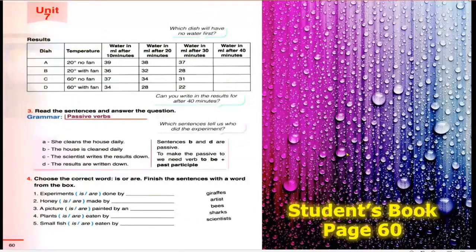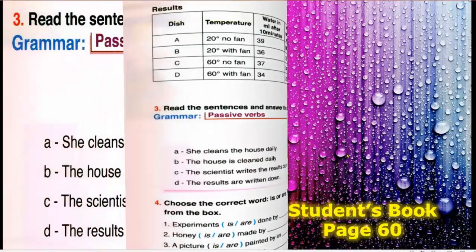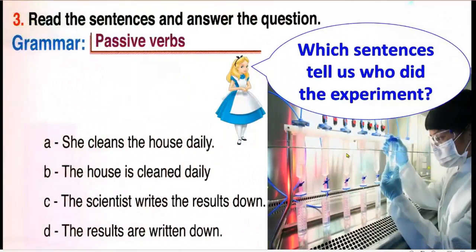Let's go back again to page 60. Please pay attention with me. Read the sentences and answer the questions. Which sentences tell us who did the experiment? She cleans the house daily. The house is cleaned daily.